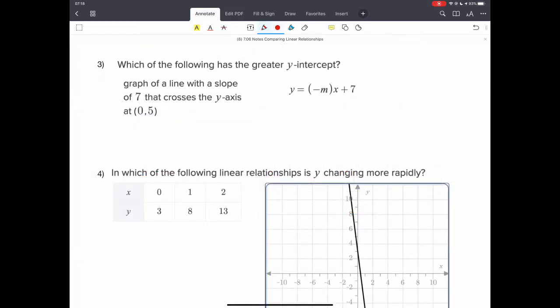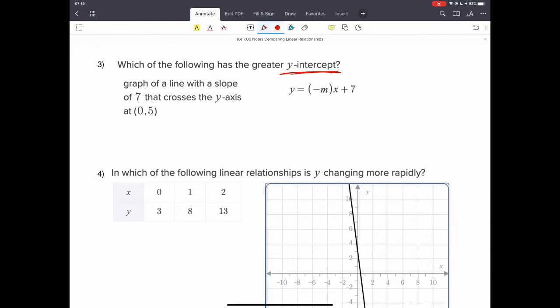The third example is asking us to find which linear relationship has the greater y-intercept. So be careful as you're doing the problems that you don't get stuck in a rut just thinking about the rate of change, because now we're looking at the y-intercept.